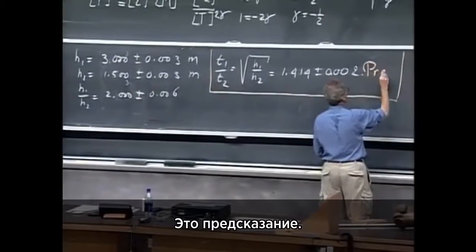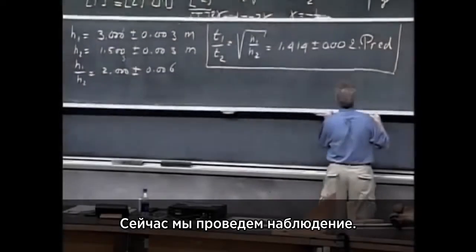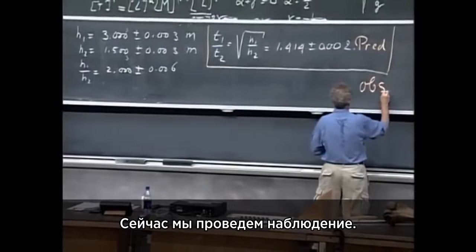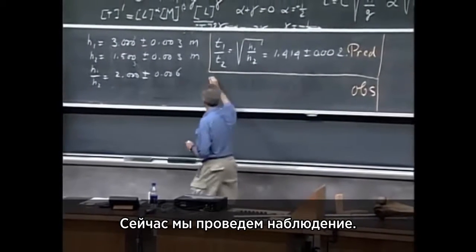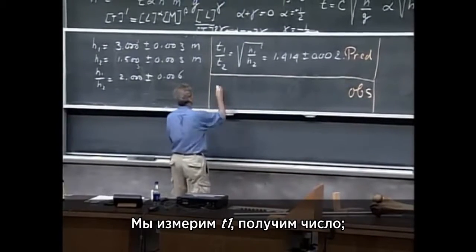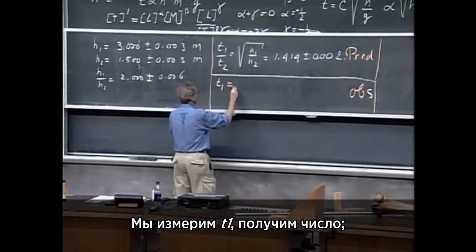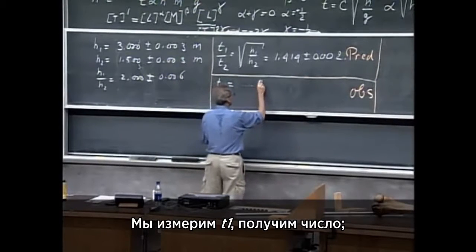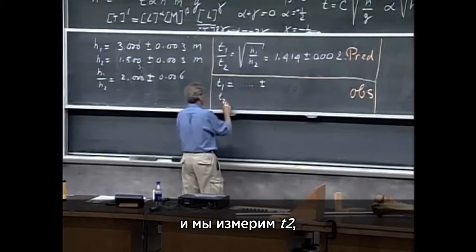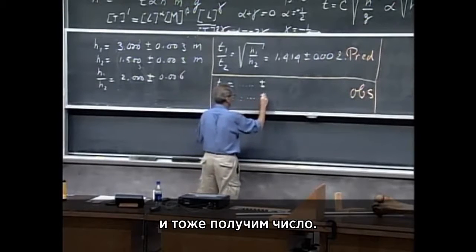This is a prediction. And now we're going to make an observation. So we're going to measure T1, and there's going to be a number, and then we're going to measure T2, and there's going to be a number.